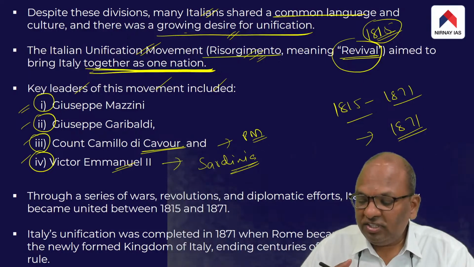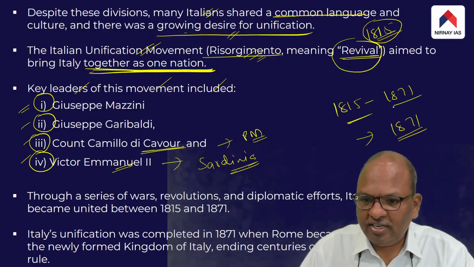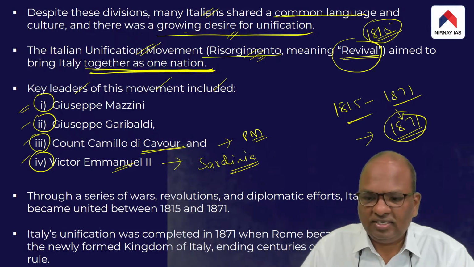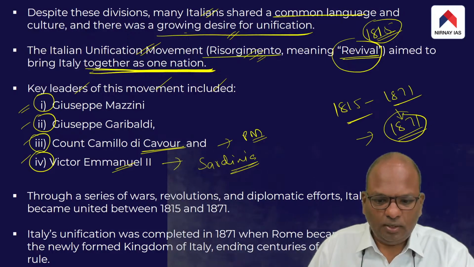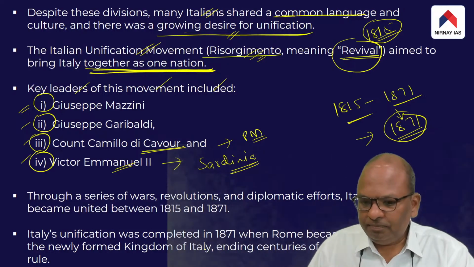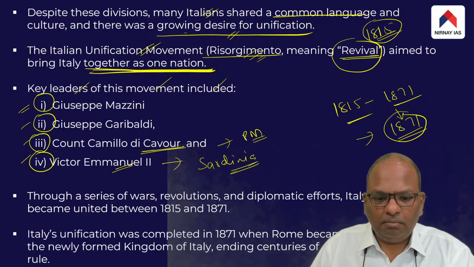As a result of these revolutions and diplomatic efforts during this period, Italy was finally united into one nation, and a new Italian kingdom was formed in 1871.